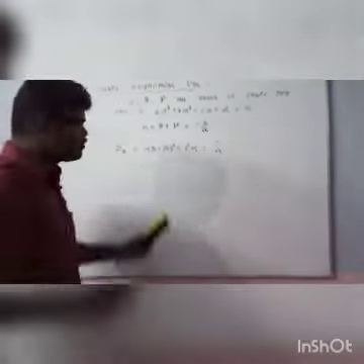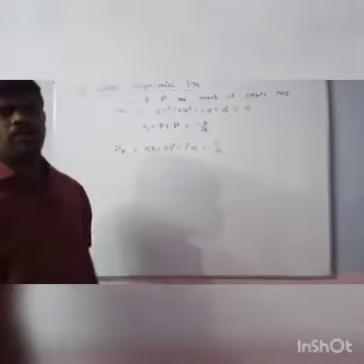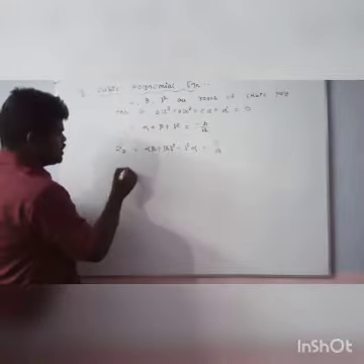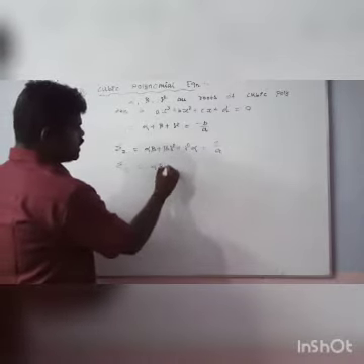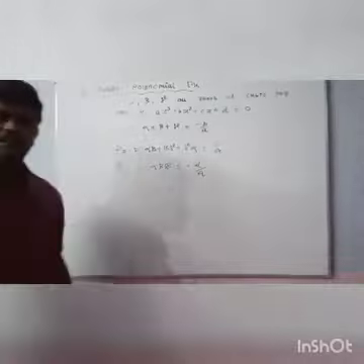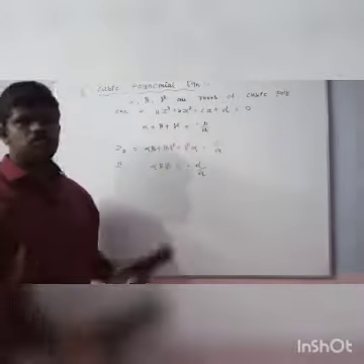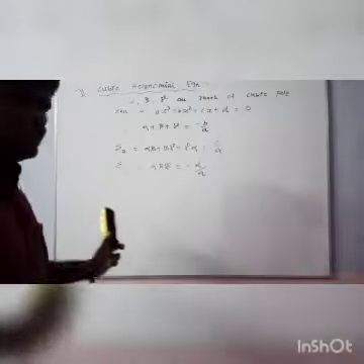Understood the notations? Sum of 2 is alpha beta, beta gamma, gamma alpha. Okay, and summation 3 equal to alpha beta gamma is equal to minus d by a. We understand these three notations, very very important. Okay, right. Now discuss the sum.